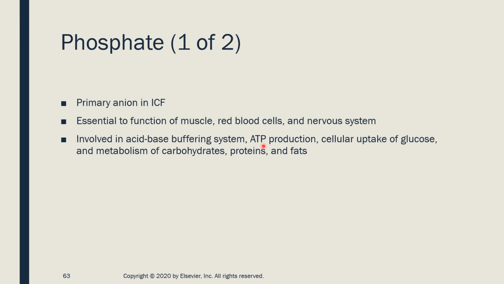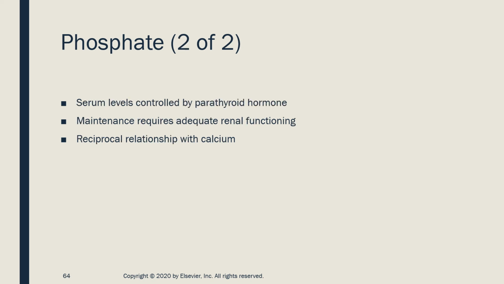It's very important in the production of ATP, or energy, and also has something to do with glucose uptake and metabolism. It can also be affected and controlled by parathyroid hormone and kidney function.